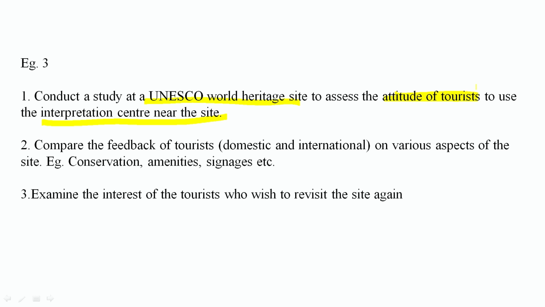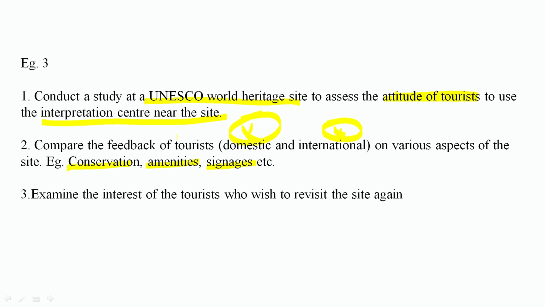The second aspect here is the feedback of tourists on different areas of interest, that is conservation, tourist amenities available including signages or sitting benches or free water dispensers, baby care, a number of such amenities we can categorize, and collect the feedback of domestic and international tourists.